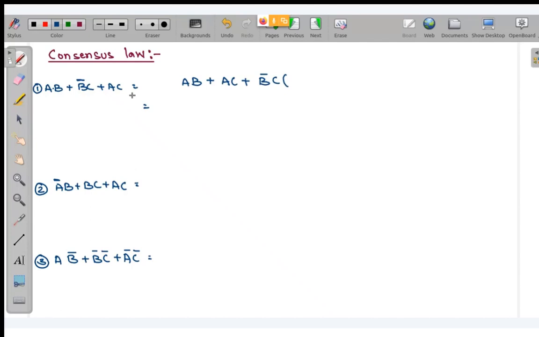A bar, B bar, C. So that will be, okay, fine. So B bar. So this part. Let me expand this one. Maybe I was making some mistake.